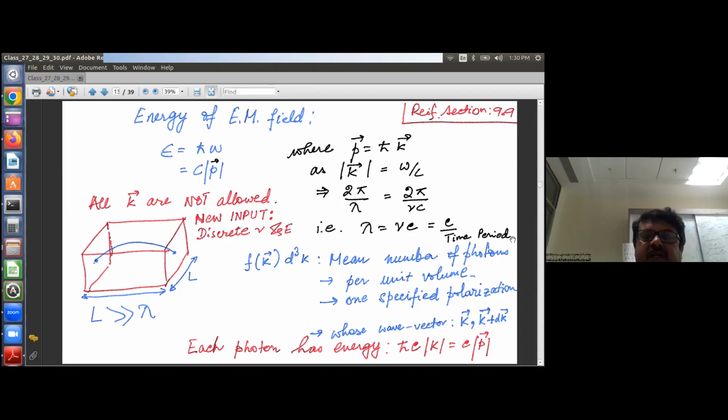The question you are asking is how many photons are there between k and dk. Equivalently, how many photons are between nu and nu plus d nu, and so on.